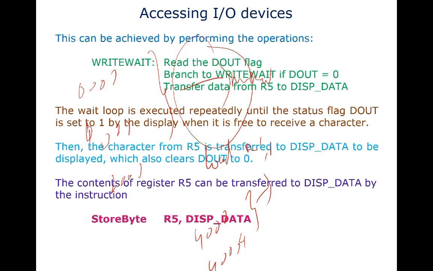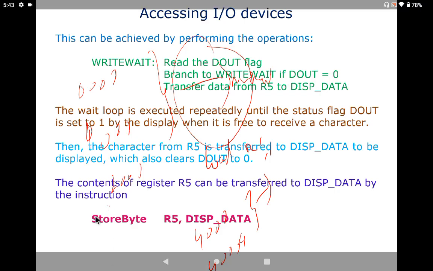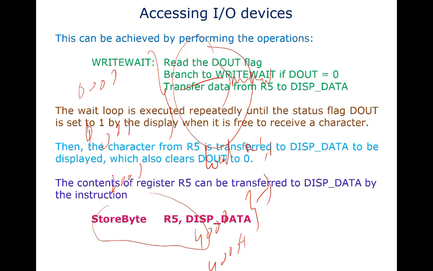The next thing we need to clearly understand is the instruction store byte R5, comma, display data. Here R5 represents some hexadecimal value.